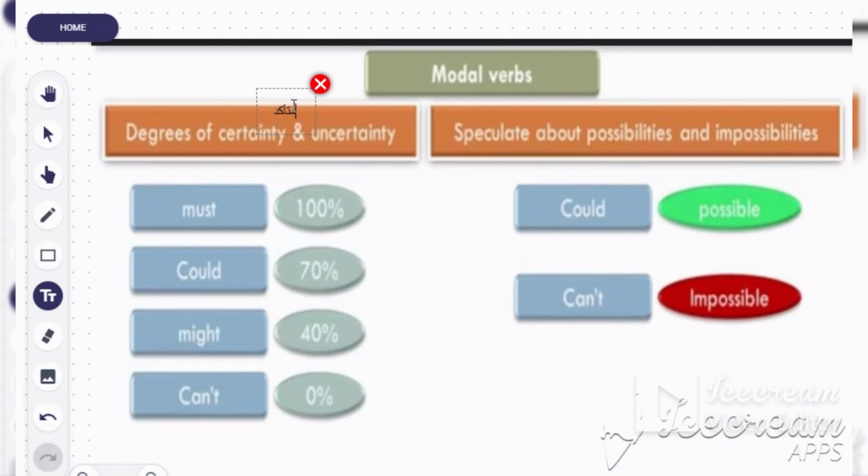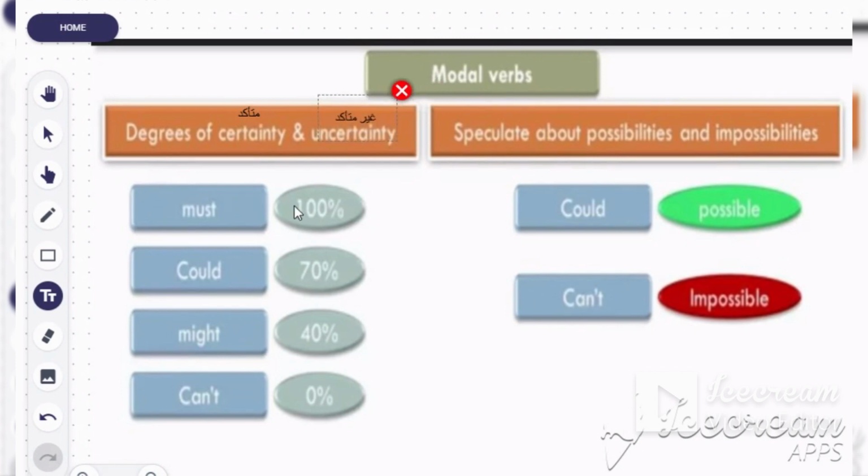What's the meaning of certainty؟ متأكد. Uncertainty غير متأكد. أوكي again certainty متأكد و uncertainty غير متأكد.